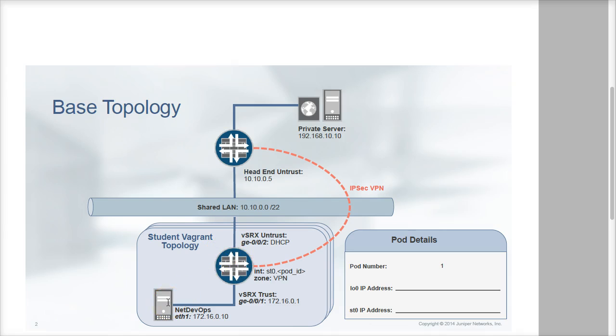When the server tries to ping or access outside, SRX will use a source NAT, so the source of this server will be changed to the interface address of the virtual SRX, so it can go out and ping to the other side.